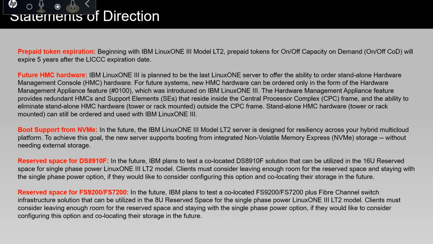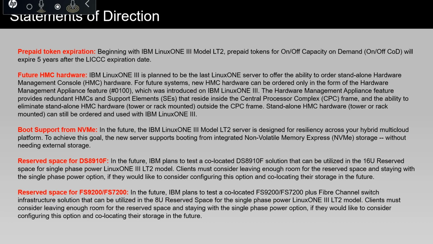I think that's it. Okay, and then statements of direction. Prepaid token expiration for on-off capacity on demand. Once you ordered a prepaid token, it would last until you used it. It now expires 5 years after the license expiration date, which is the last year when they do microcode upgrades.